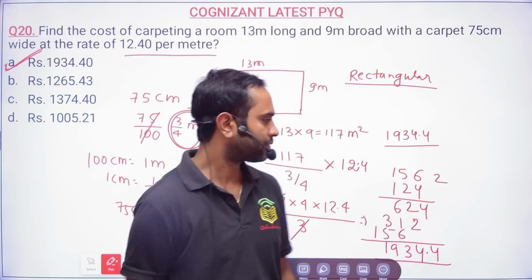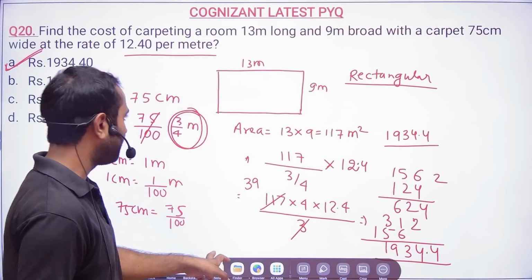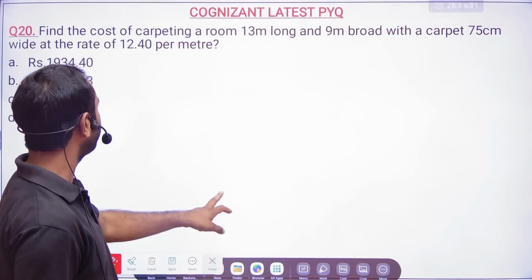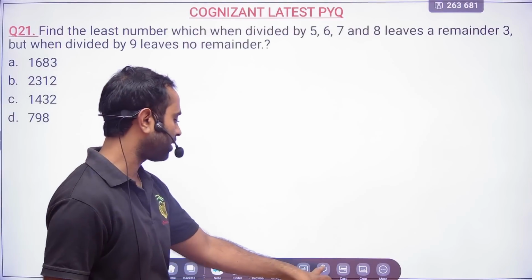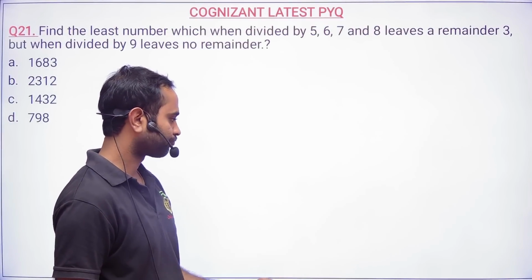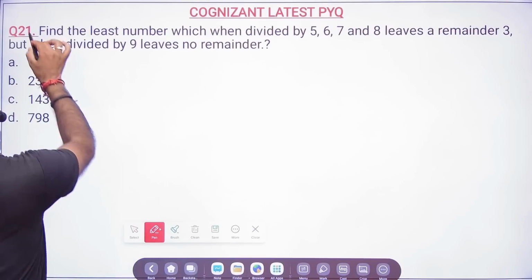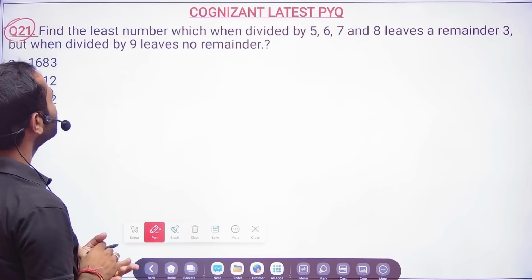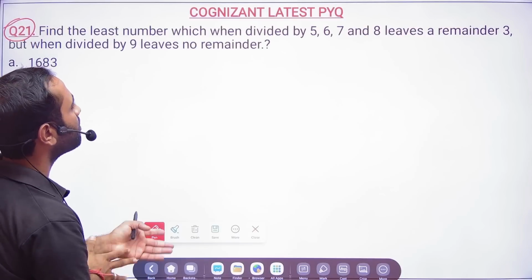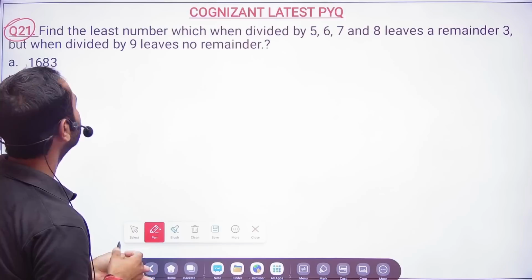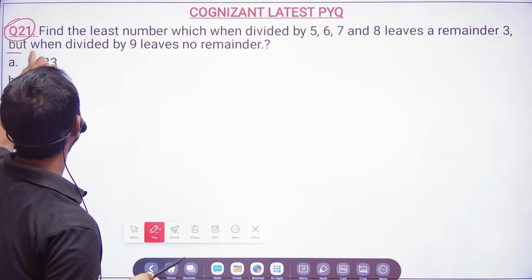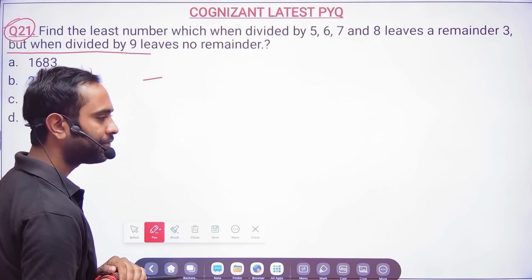Okay, great. Now we will be moving towards the next problem, question number 21. Find the least number which when divided by 5, 6, 7 and 8 leaves a remainder of 3, but when divided by 9 leaves no remainder.